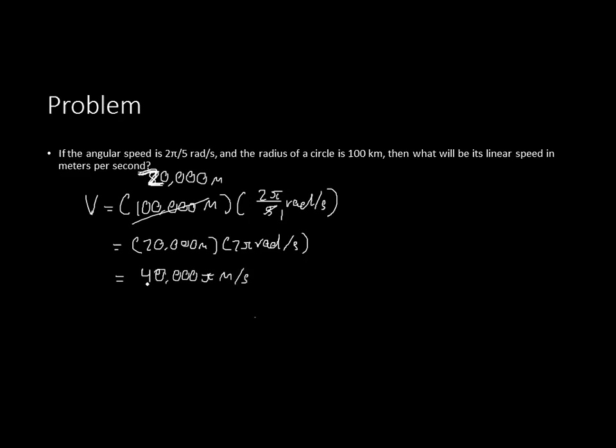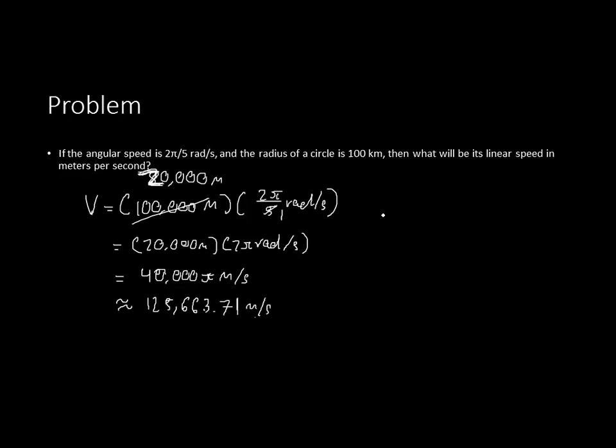But as I told you before, we're talking about linear speed, not angular speed, so I think it's better to approximate this one. 40,000 times pi is approximately 125,663.71 meters per second. Okay, that's good.